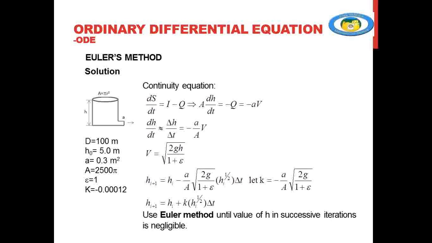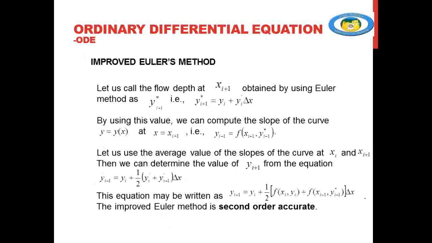We can talk about the improved Euler's method. In the improved Euler's method, we are not going to use only the slope derived at the initial point. We are going to include an estimate of the slope found at the end of the step, or delta x.